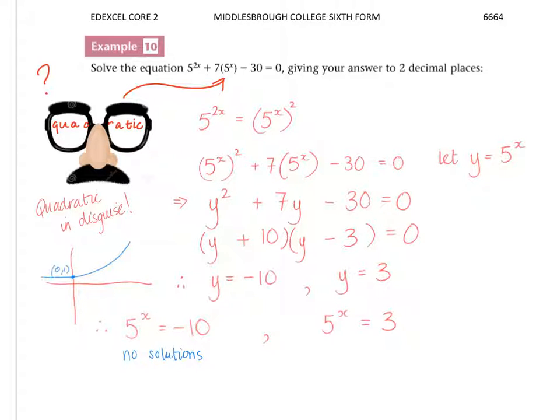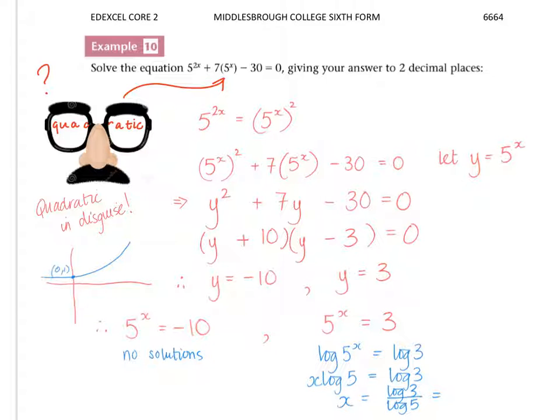But if we look at the second solution, we can do that because we can just take logs of both sides again and work it out from there. We want an answer to 2 decimal places. So x is equal to log 3 over log 5.